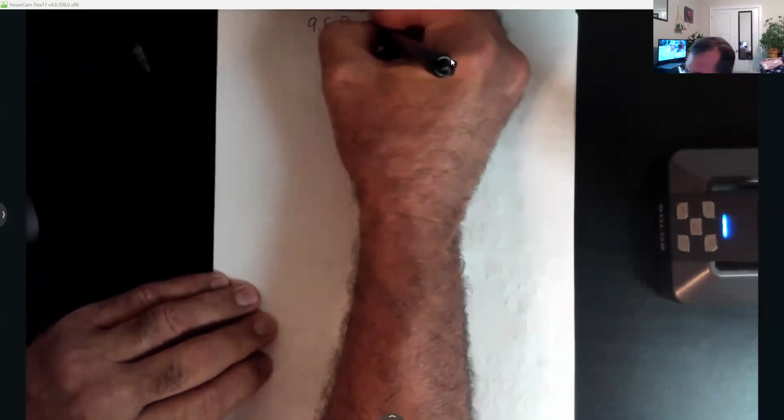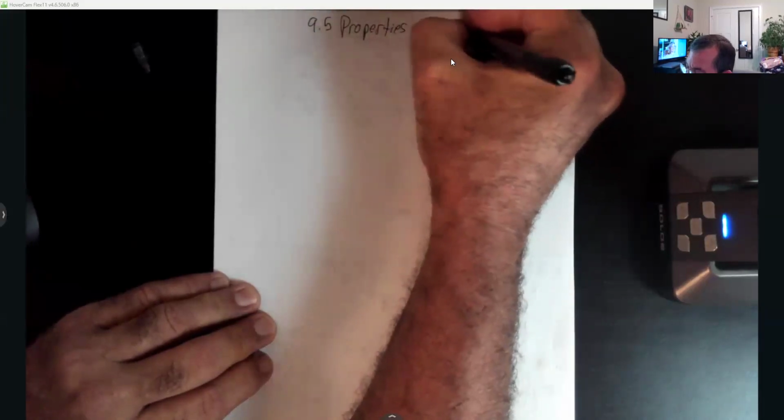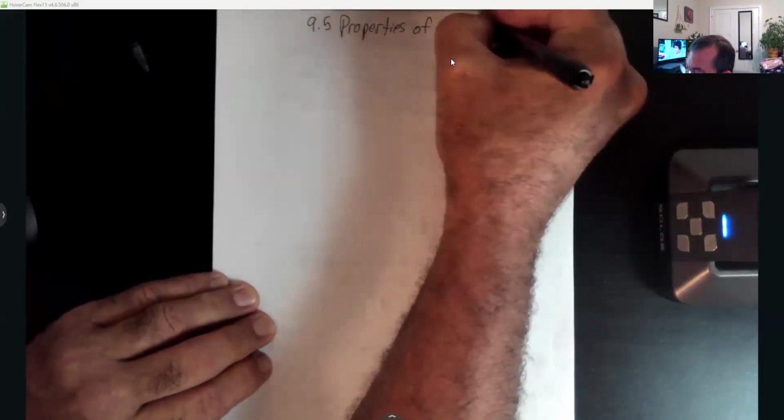All right, y'all, so 9.5, college algebra, properties of logarithms. But remember, in the long run, logarithms is just another way to find exponents, right?